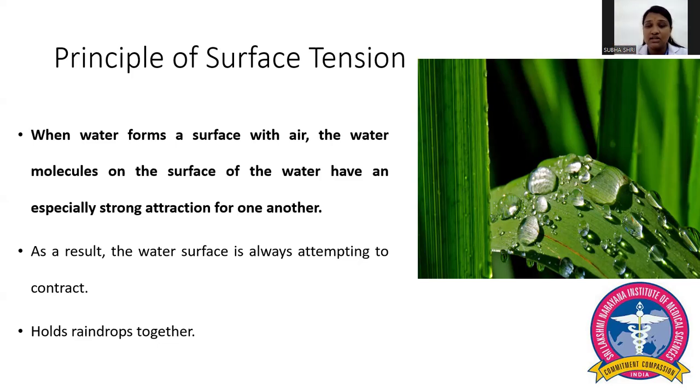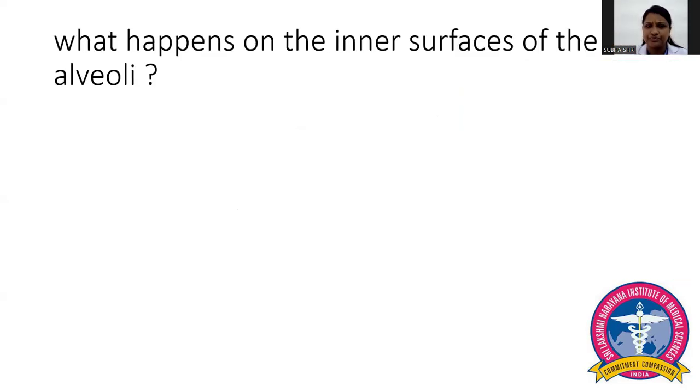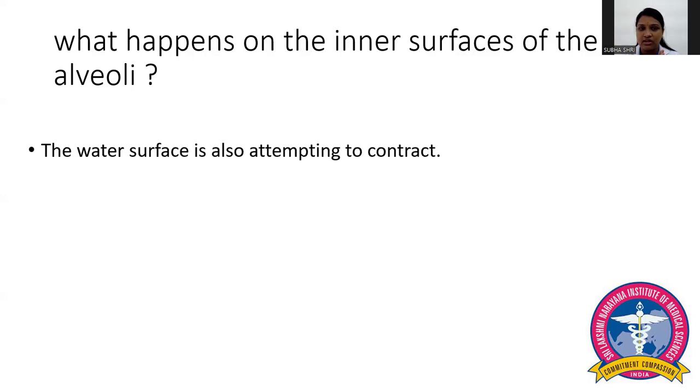This holds the raindrop. Okay, so imagine in our lungs we have alveoli. The alveoli inner surface is lined with a thin layer of water, whereas air will be moving in and out from our environment. So in our alveoli inner surfaces, there also is an interaction between water and air, right?